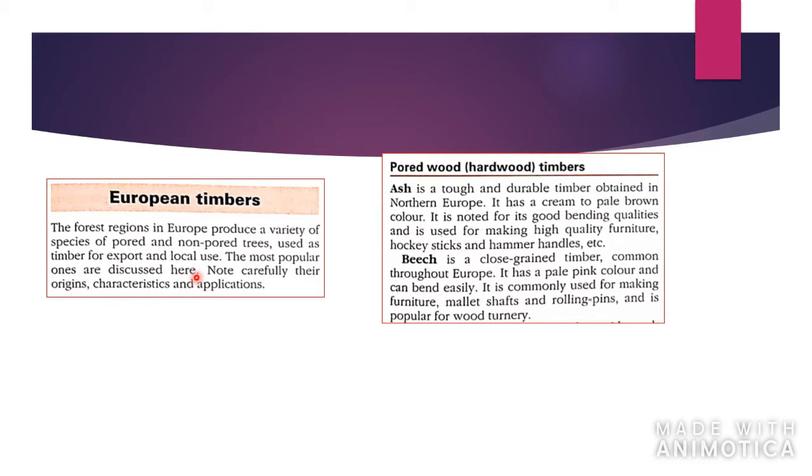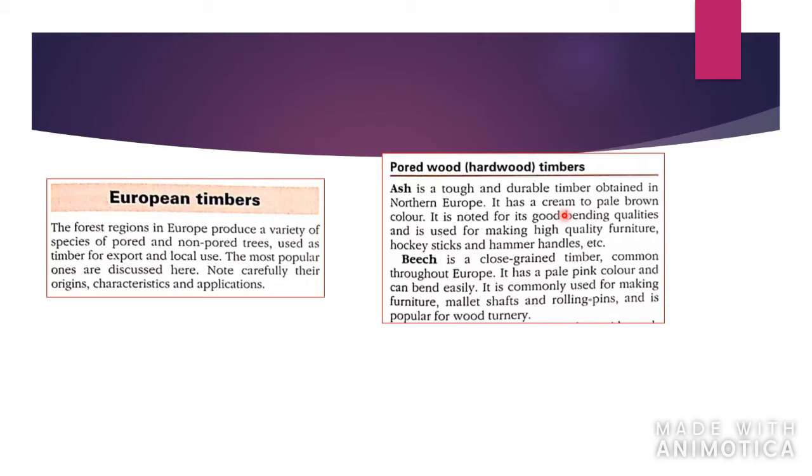All right, so the first one we're going to do is ashwood, and this is a hardwood, so therefore it is a poured wood. It has a pore inside of itself. Ash is a tough and durable timber obtained in northern Europe. It has a cream to pale brown color, and it is noted for good bending qualities.